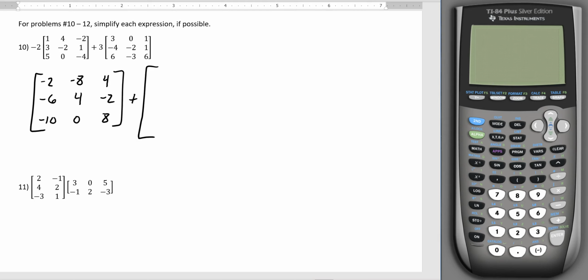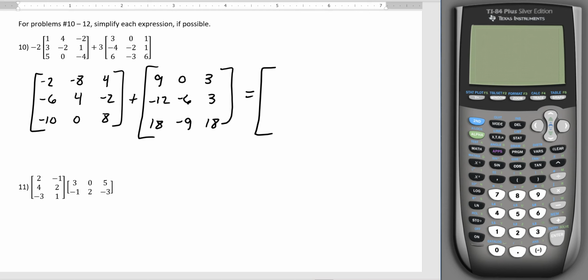Multiply all these by 3. So 9, 0, 3, negative 12, negative 6, 3, 18, negative 9, 18. And we'll add it up here. Remember, to add, we just add the terms in the same spots.